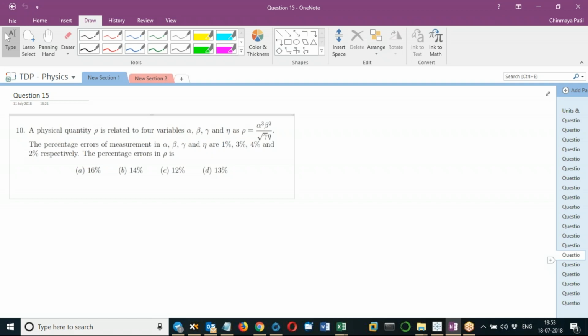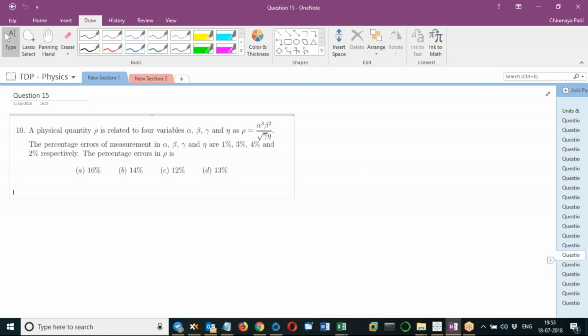Then the percentage errors of alpha, beta, gamma, and eta are given as 1%, 3%, 4%, and 2% respectively. With this given information, we need to find the percentage error in rho. So let's see how we can achieve this efficiently.